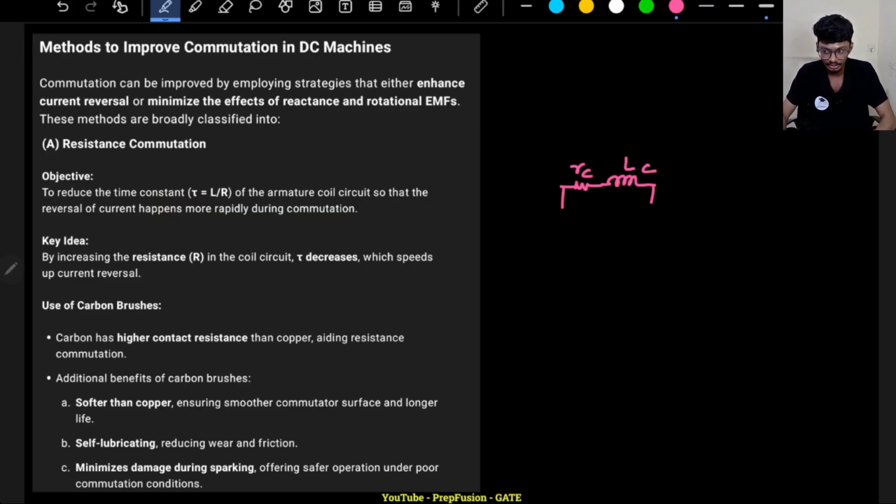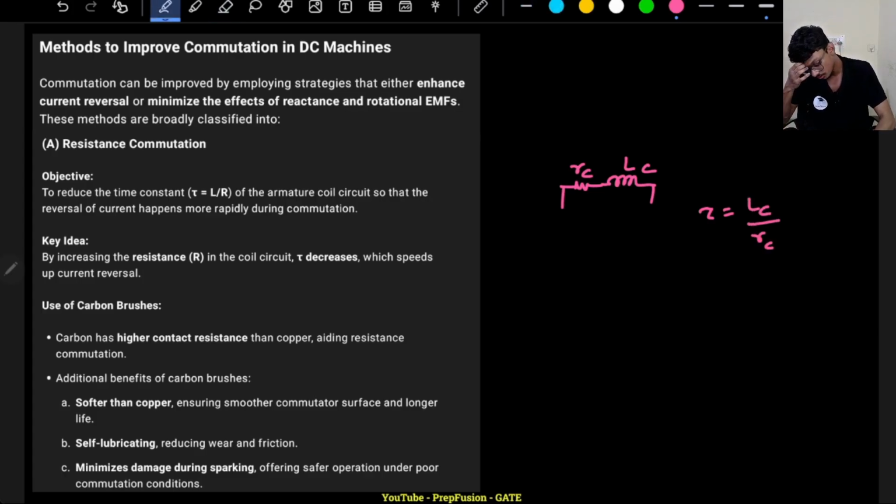Although we have assumed it to be linear, ideally it is exponential. That you also know, right? If I have a DC voltage source connected, the response will be exponential. But as I'm approximating a few things, we have assumed it to be linear. So roughly, I know the time constant of this circuit is LC divided by RC.